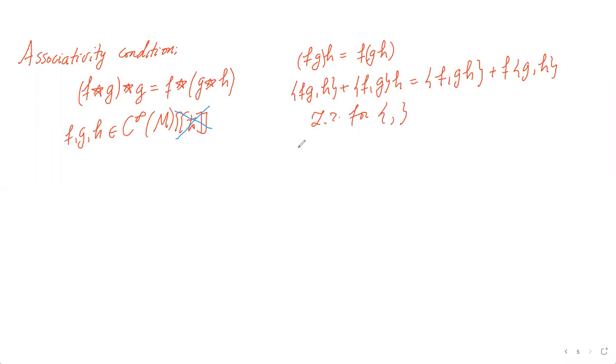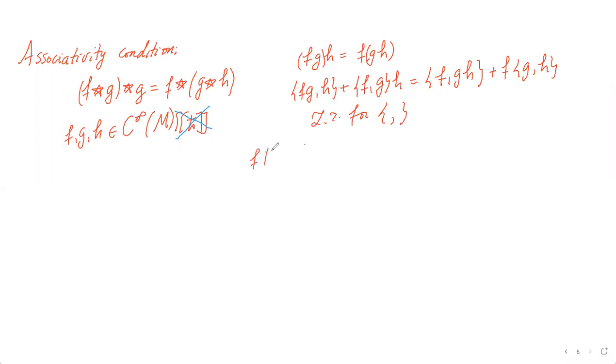Then the next expression will look a little more promising. It will look like this. I'll try to write it in a concise form. Probably I will mess up some signs, but don't worry about this. So it will look like this.